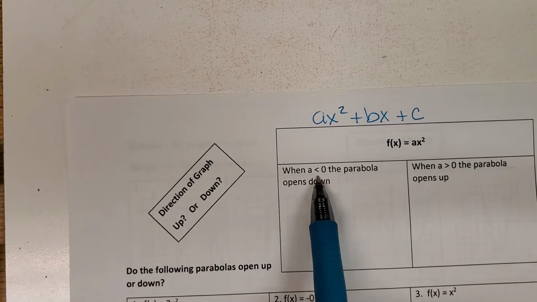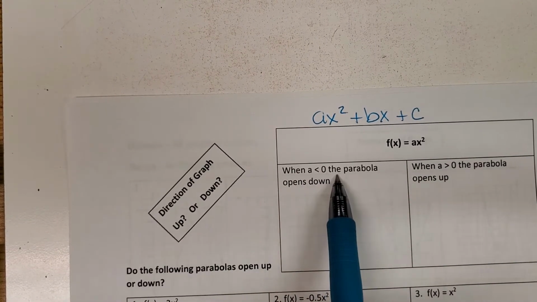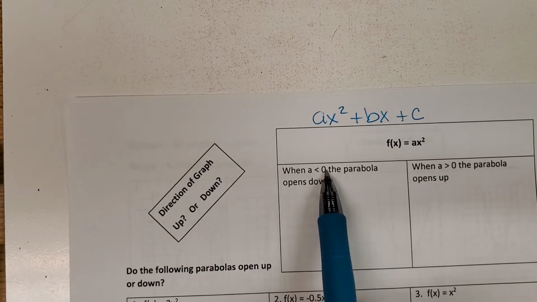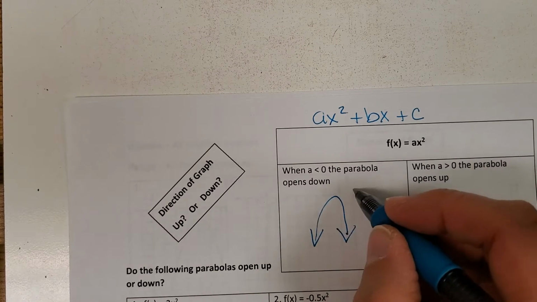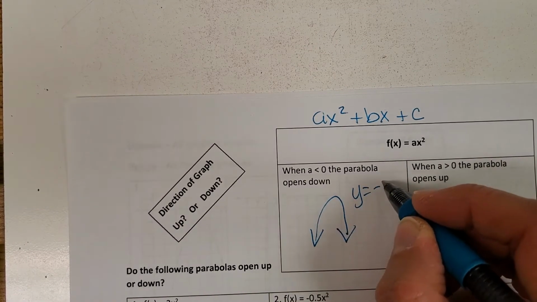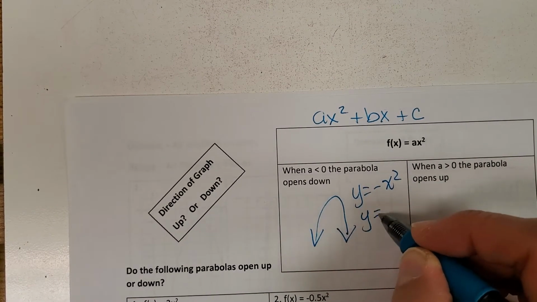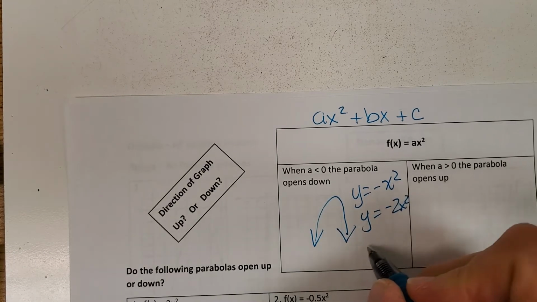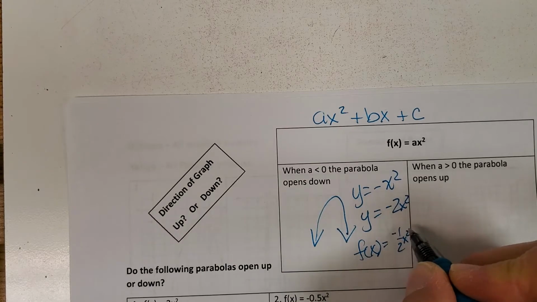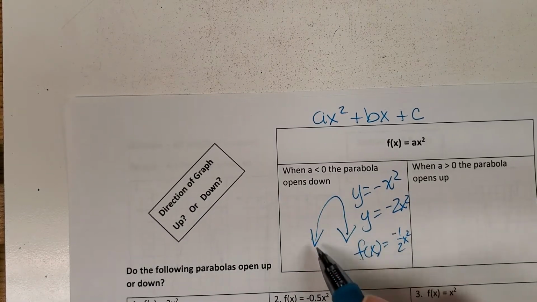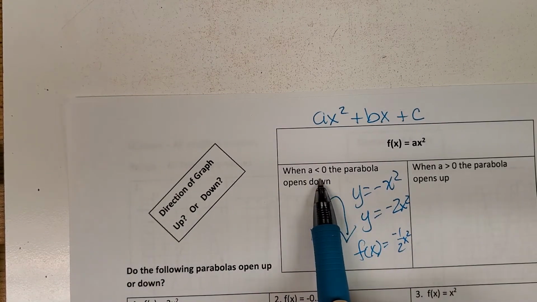And in this case, when a is less than 0, remember, less than 0 numbers are negative, then the parabola would open down. So some examples of that would be if I had y equals negative x squared, or y equals negative 2x squared, or f of x equals negative 1/2 x squared. All of these I know would open down because a is less than 0.